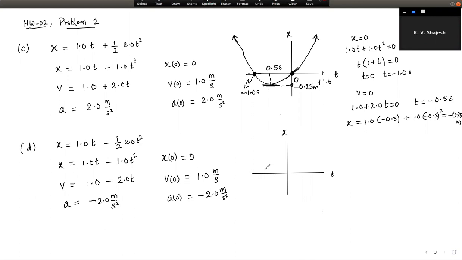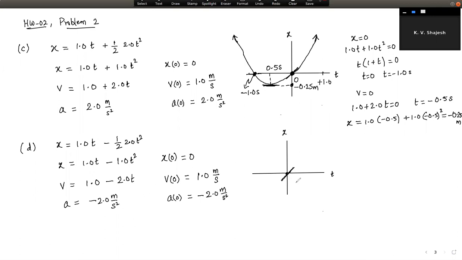At time t equal to 0, the position is 0, so it passes through the origin for sure, and the velocity still is positive, so that means the slope is positive. That tells us this is down here again. But we expect this to be slightly different because it has a negative acceleration. So how is it different?